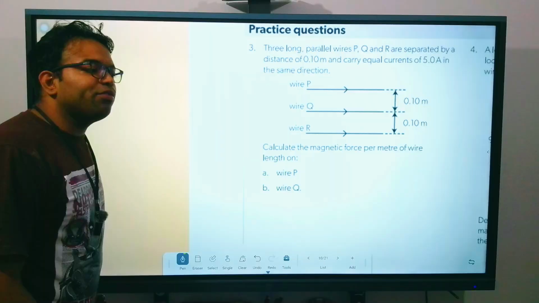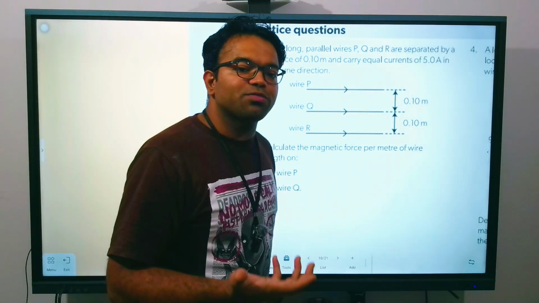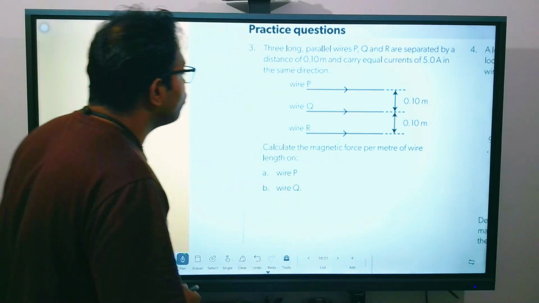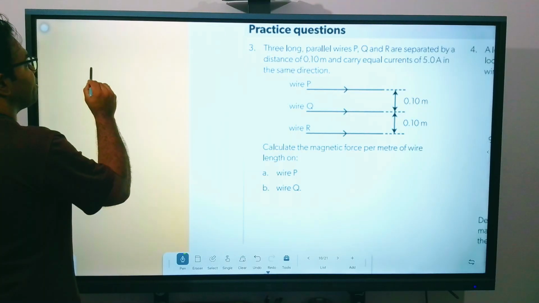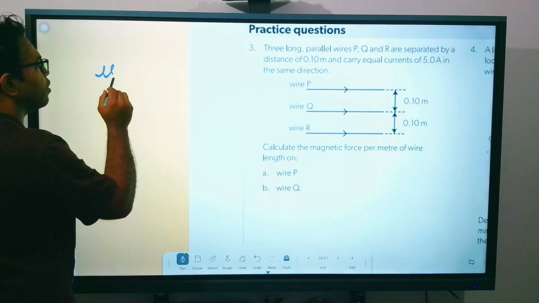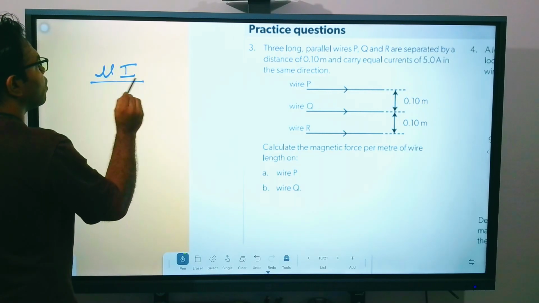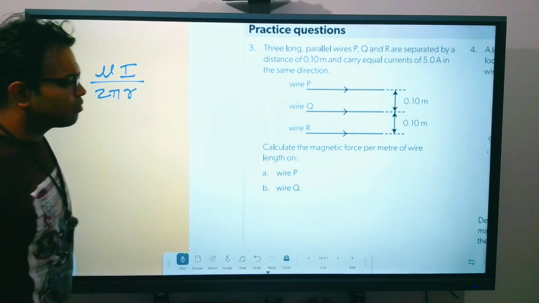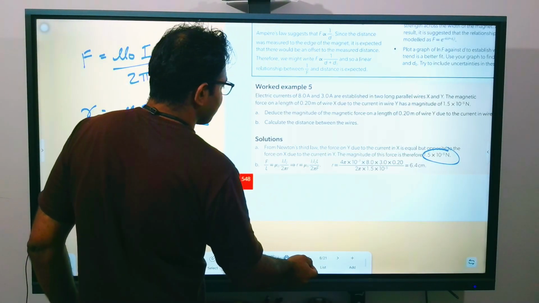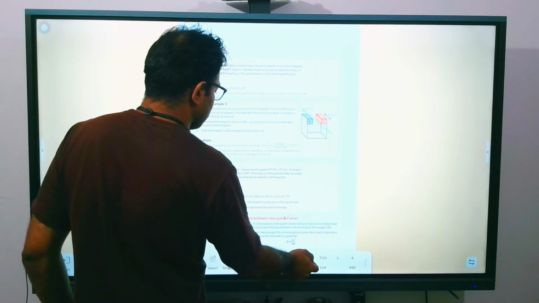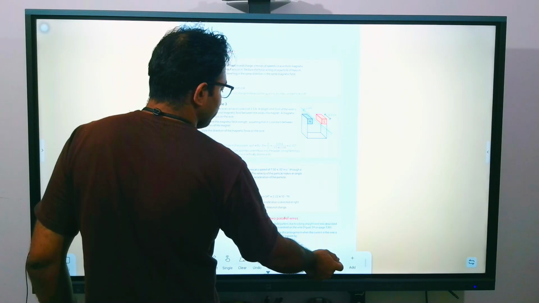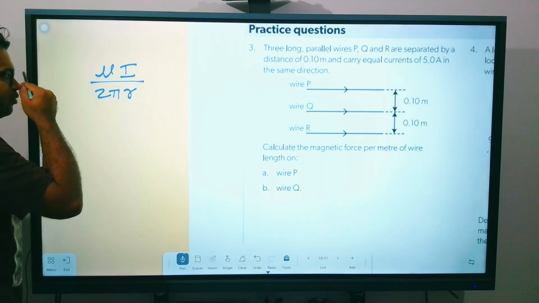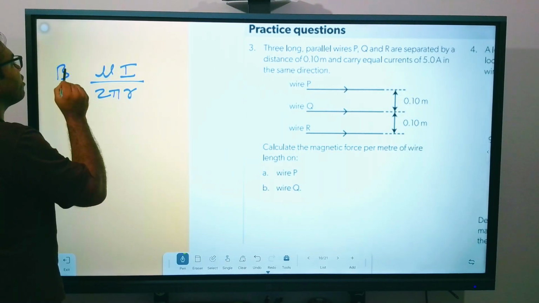We know that the field due to a straight conductor carrying current is mu naught I upon 2 pi r, right? Yes, it's correct. Mu naught I upon 2 pi r. Now we know this is what magnetic field is.